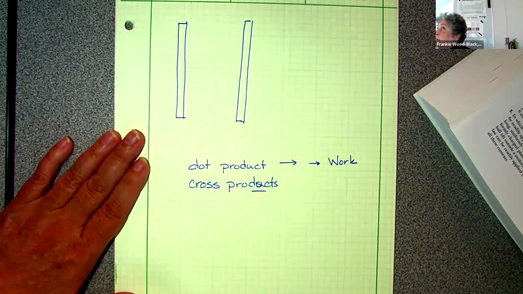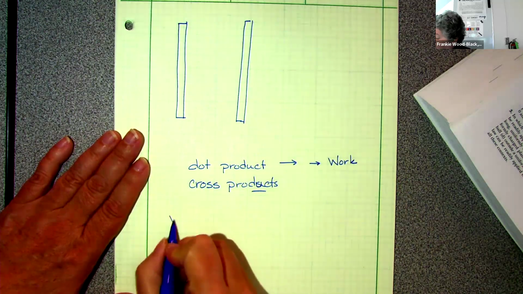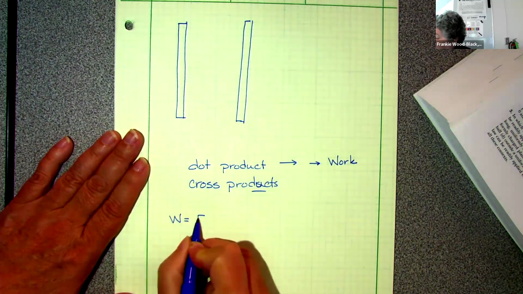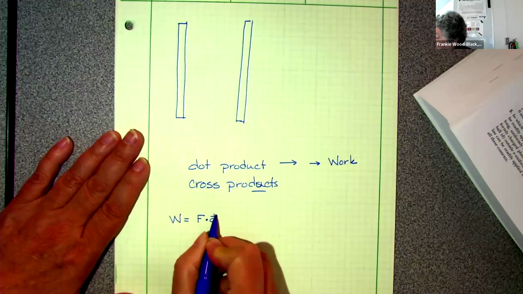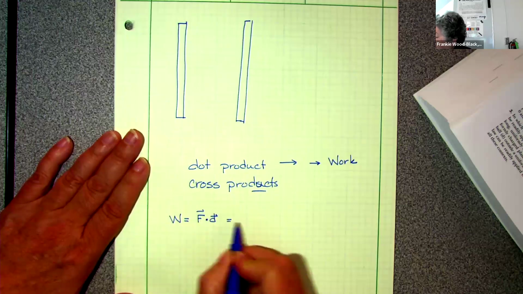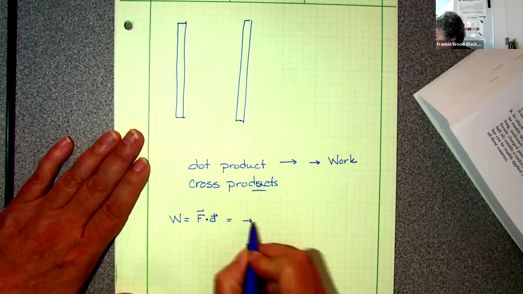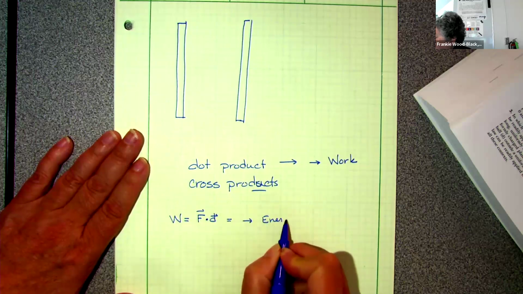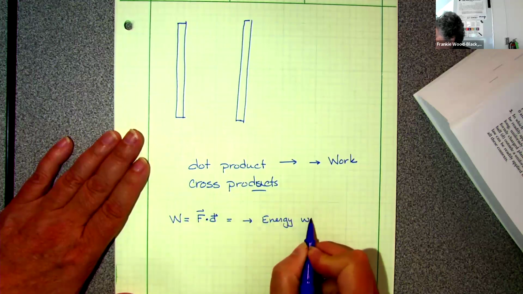Remember, our dot product got us from forces dot distance. Work was defined as my force dot distance. And that gave me work, which led to the energy work theorem.